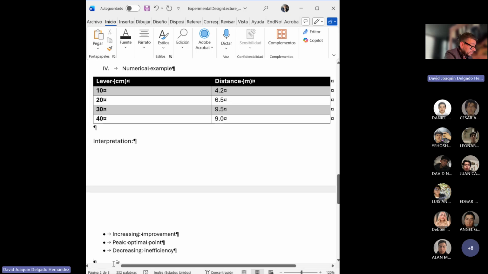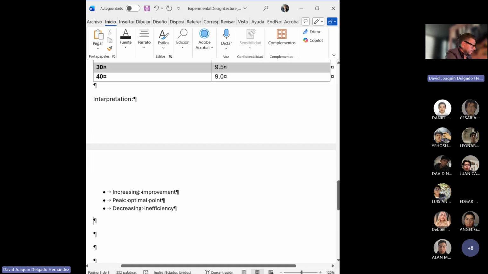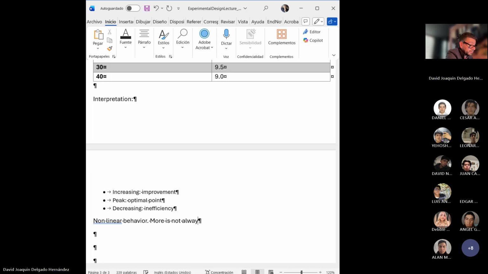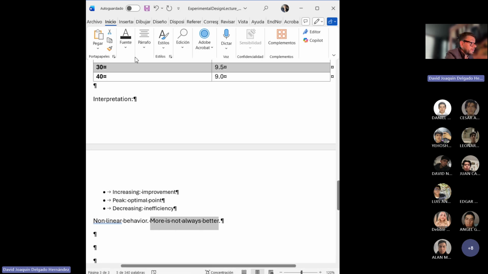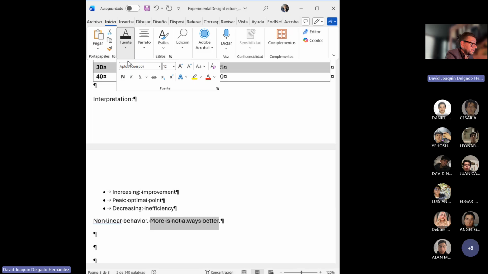And that represents a non-linear behavior. One thing to remember is that more is not always better. Okay? This is an important thing to remember. More is not always better.